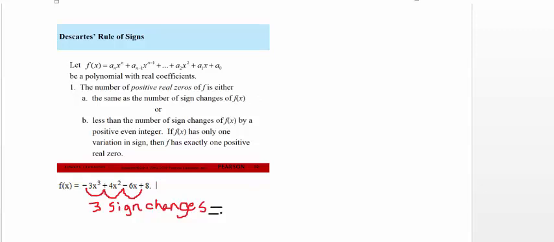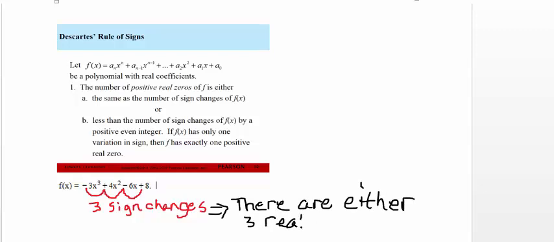So that means that there are either three real zeros, same as the number of sign changes, or less than the number of sign changes of f of x by a positive even integer.